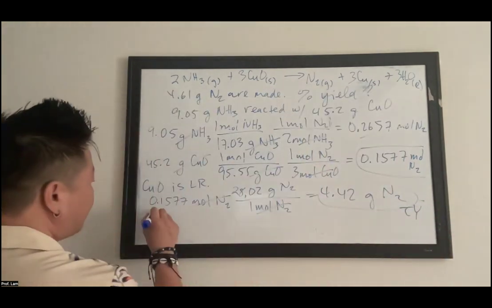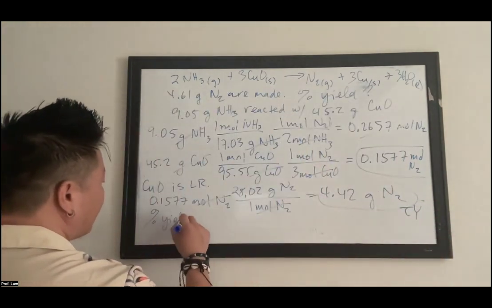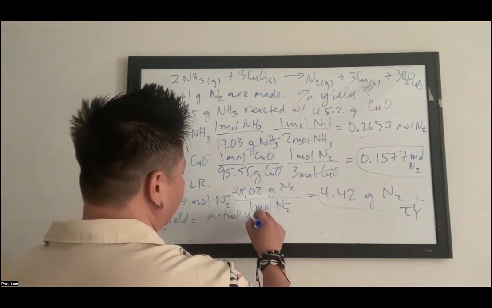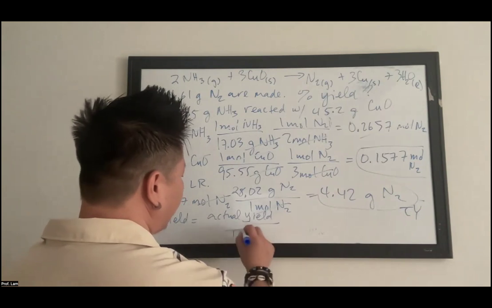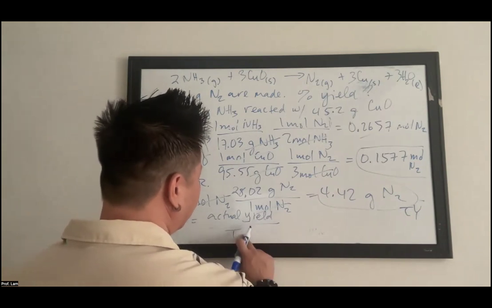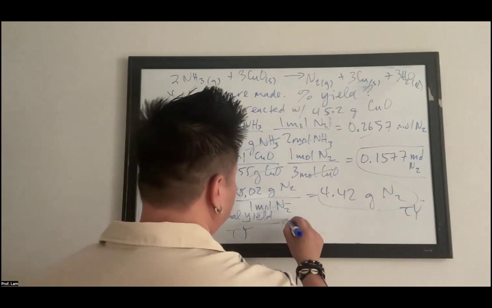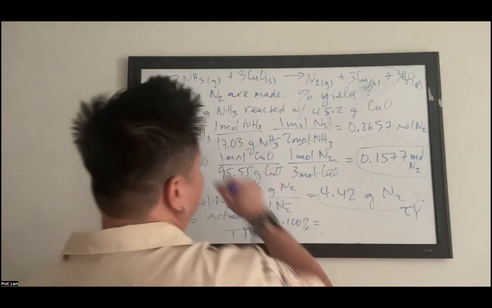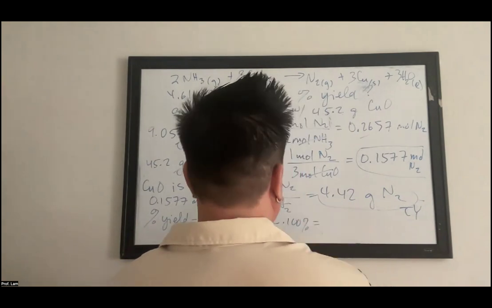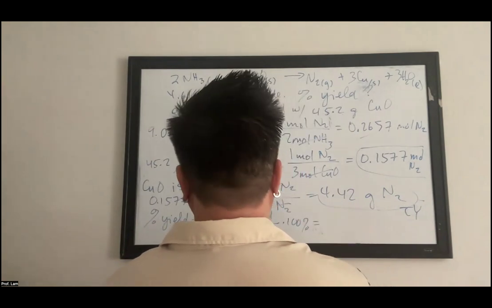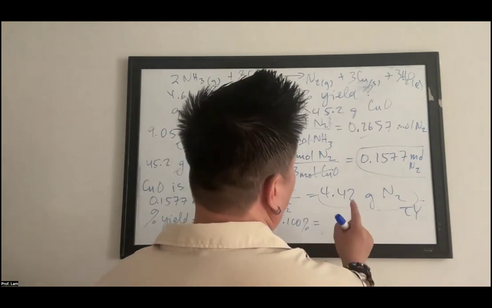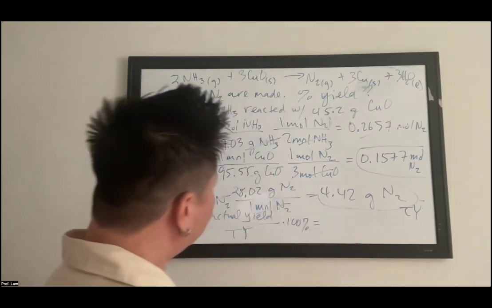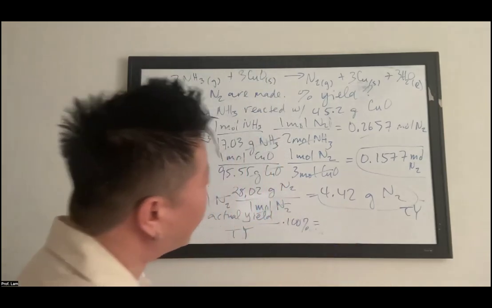So to get percent yield, remember it's actual yield over theoretical yield times 100%. So actual yield is 4. Let's see here. 4.42, 4.61. Okay.